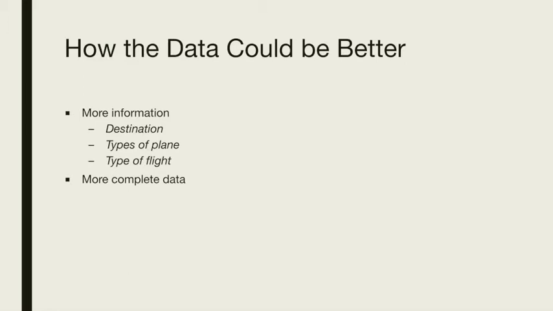The data that I looked at and analyzed was very good and had a lot of good information in it. However, it was not perfect. It could have used a little bit more information in order to allow me to create more robust reports.